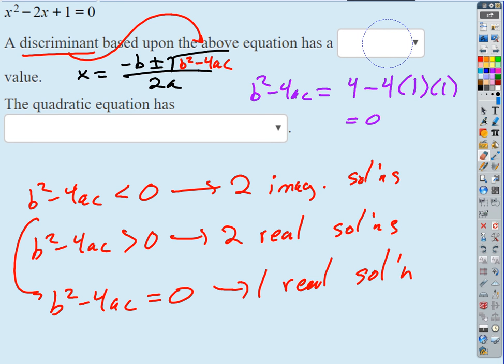Okay? 0 is the answer. And so that means down here, it has 1 real.